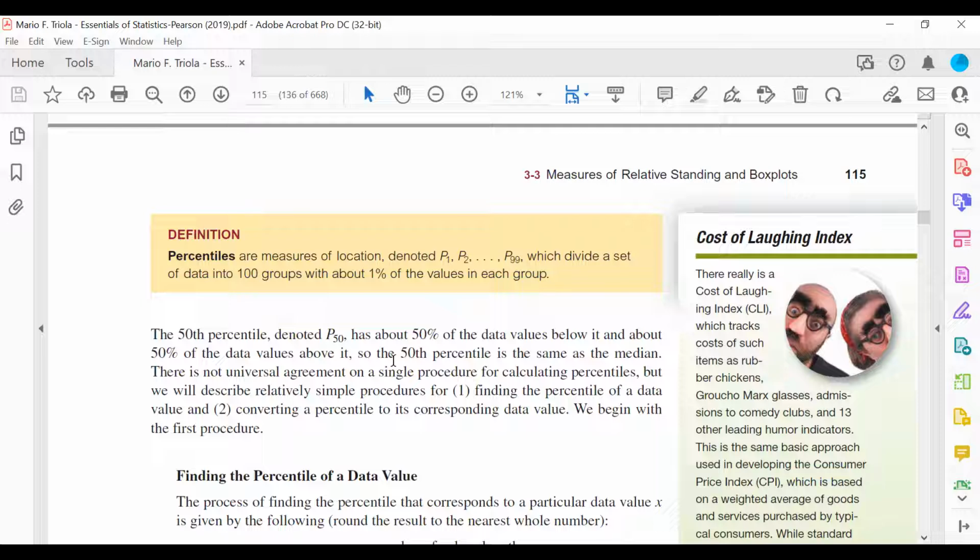There's no such thing as P100, which divide a set of data into groups. I'm not going to say 100, but you divide it into groups with about 1% of the values in each group.